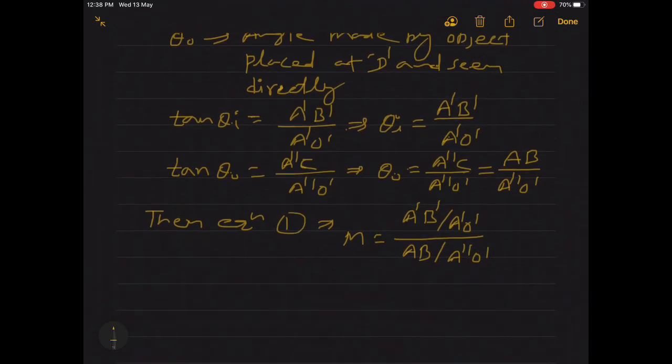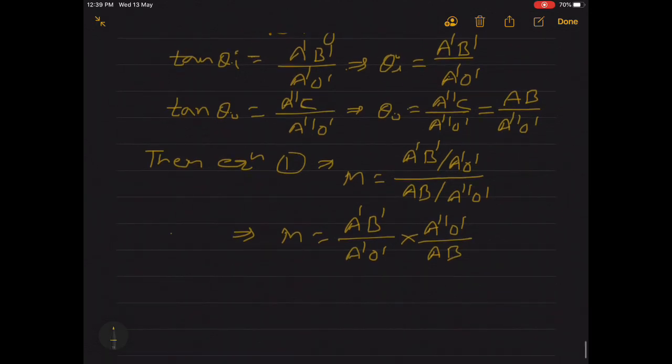If you simplify this term, you will get A dash B dash upon A dash O dash into A double dash O dash upon AB.